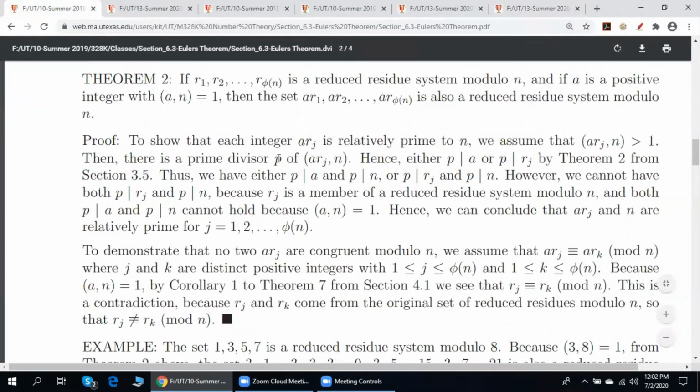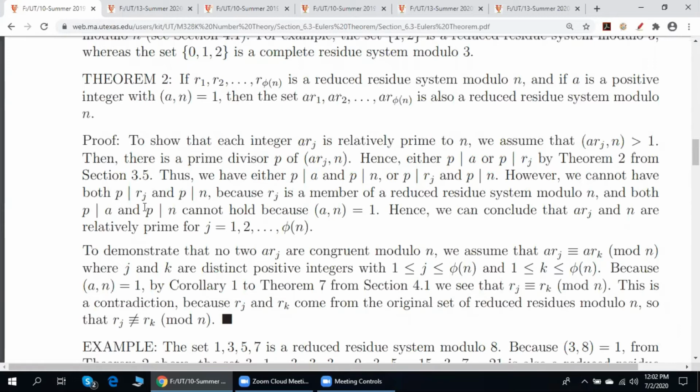So p divides this product. P is a prime number. Therefore, p divides either a, which is exactly what is written here, or p divides rj, which is exactly what is written here.